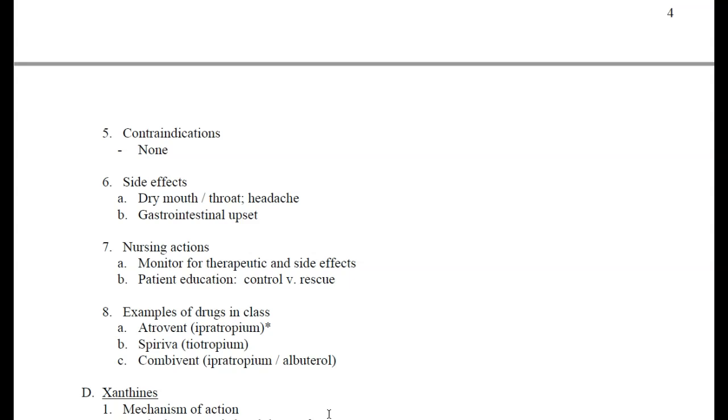And again, this is often used in combination with albuterol, and so, as you can see, they came up with Combivent, a combination of ipratropium and albuterol. Now, some patients may be on it, sometimes not. They will have to be on separate inhalers just because of insurance and also sometimes provider preference. So what you have to remember is Atrovent, or ipratropium.